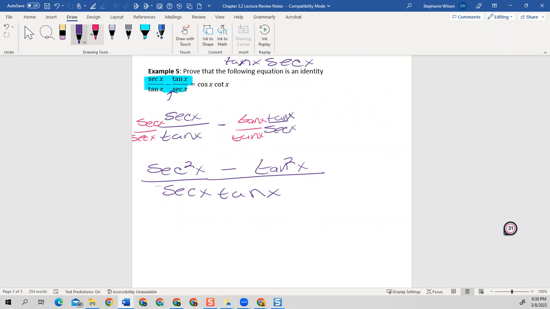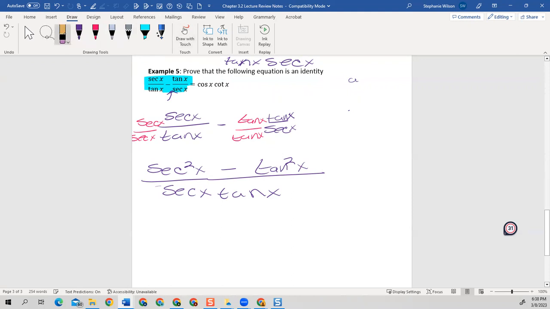When we go back to our Pythagorean identities, I know that tangent squared x is equal to 1 minus secant squared x. Okay. I can also rewrite it as, hang on, I wrote that wrong. When you go back to the Pythagorean identities, what I notice is that we have 1 minus tangent.